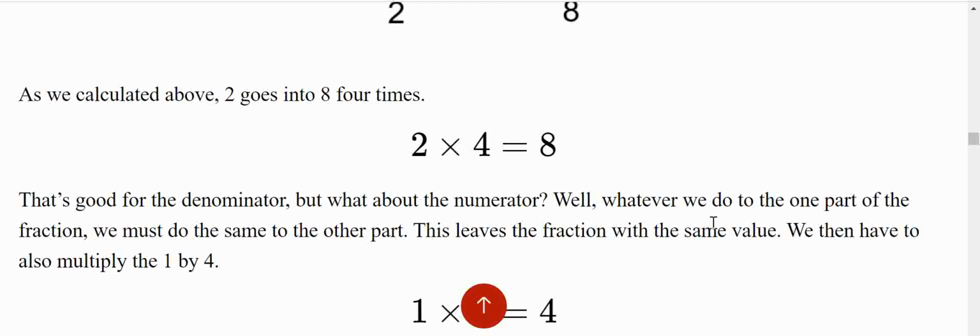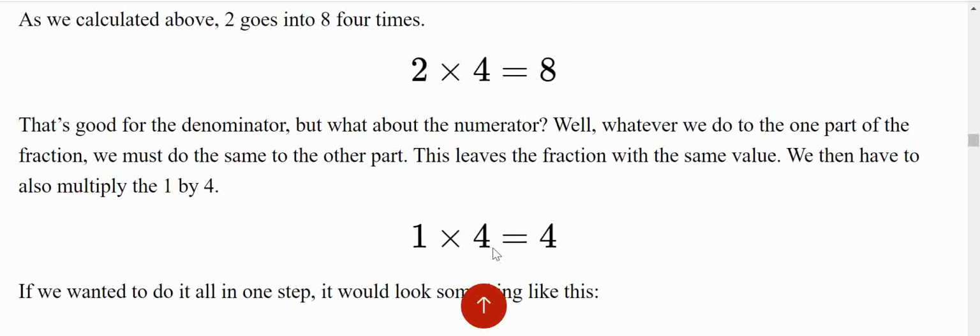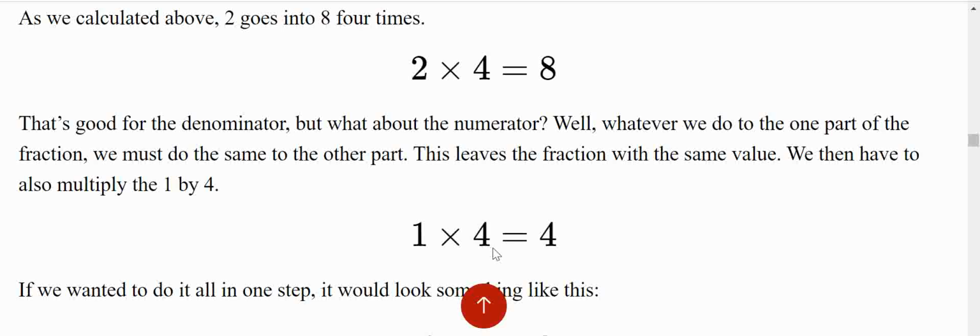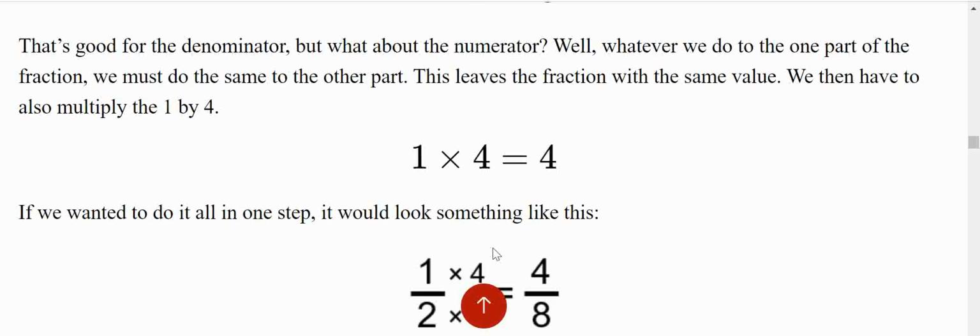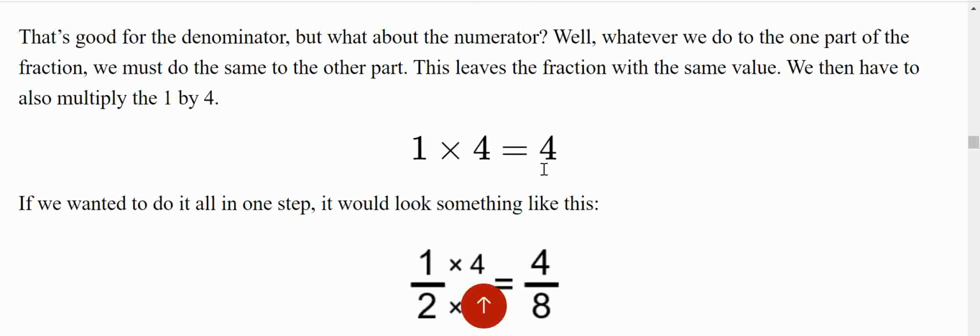Well, whatever we do to one part of the fraction, we must do the same to the other part. This leaves the fraction with the same value. We then have to also multiply the 1 by 4. 1 times 4 equals 4.